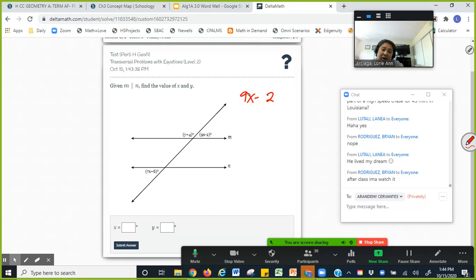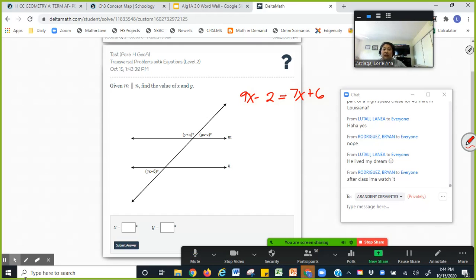These two are what kind? Alternate exterior angles. So 9x minus 2 is equal to 7x plus 6.